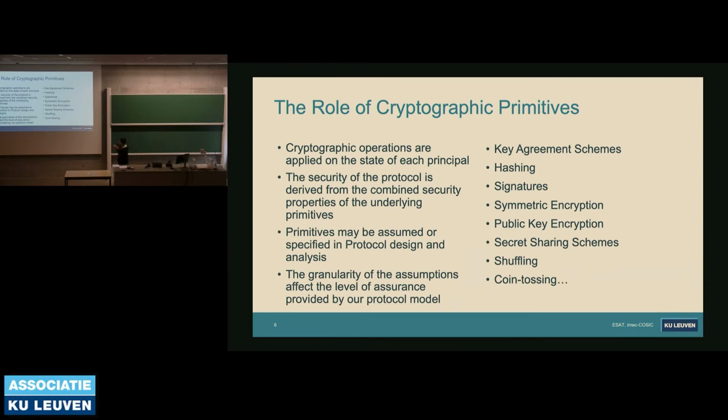So as I just stated, to do this protocol, we have to perform some sort of cryptographic computation, and these are just using the primitives you all know, like encryption, decryption, public key schemes, signature schemes, etc. And then the security of the protocol is derived from the combination of these security properties of the underlying cryptographic primitives.